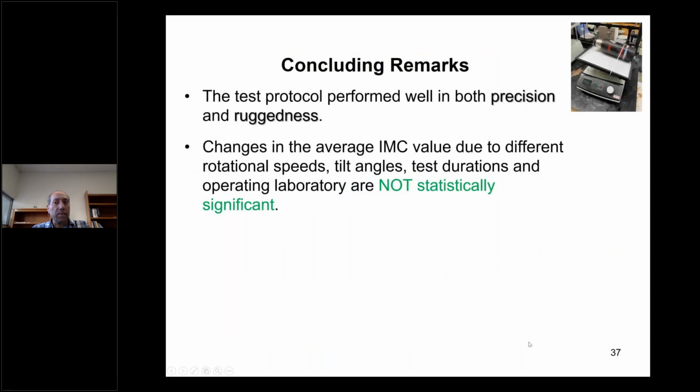And so at the end, I give you some concluding remarks about this research. The test protocol performed well in both precision and ruggedness. Changes in average ice melting capacity value due to different rotational speeds, tilt angles, test durations, and operating laboratory are not statistically significant.